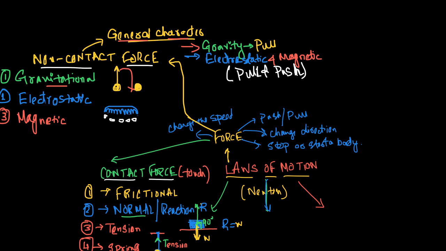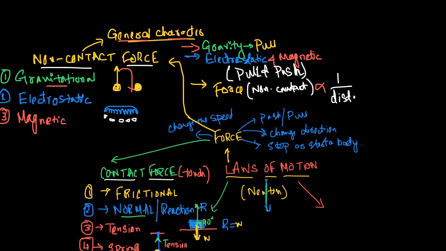And the second is that as we go far away from these bodies, the force of attraction diminishes. That means the force, especially the non-contact forces, I'm talking of non-contact, is inversely proportional to distance.